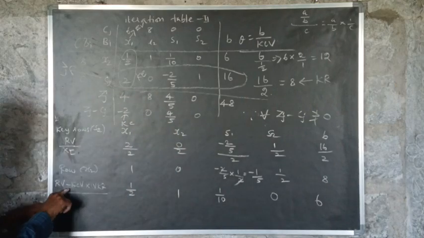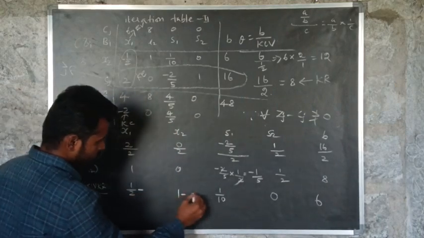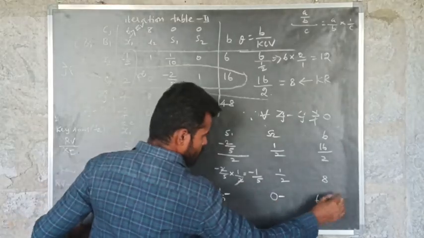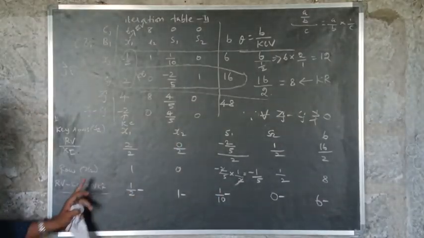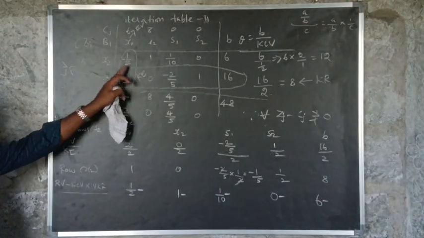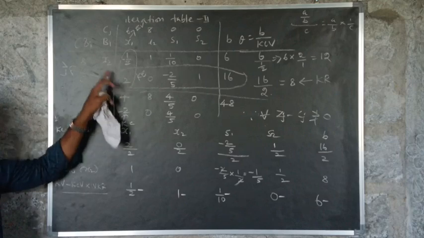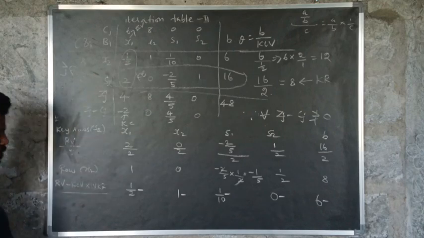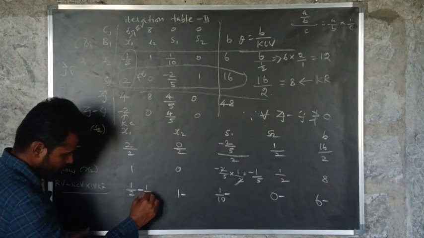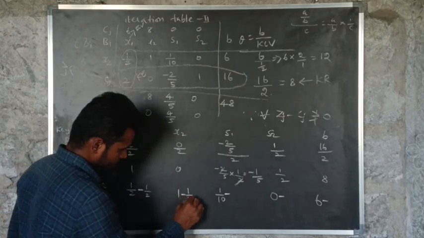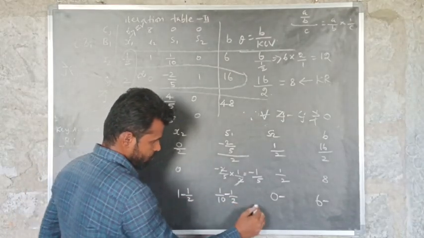Next, put minus for all values, and the key column value for this row X2 is 1 by 2. So I will write 1 by 2 for all values.